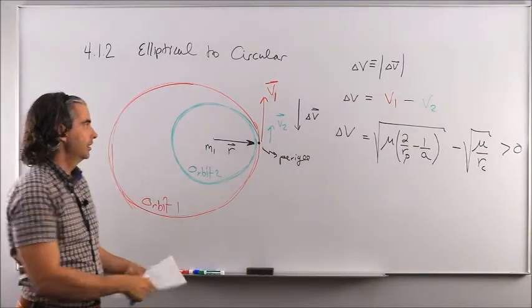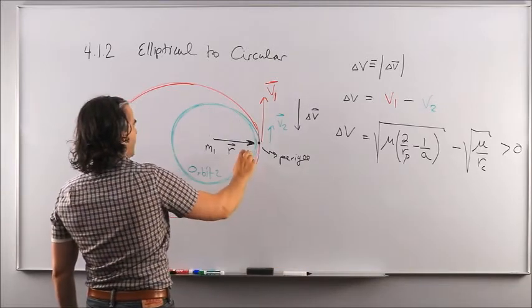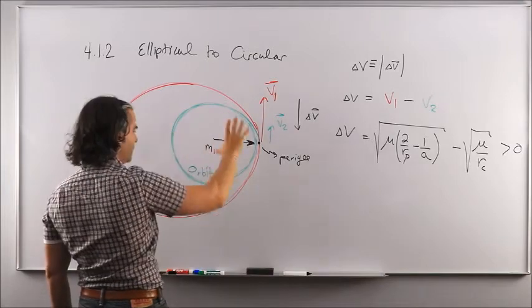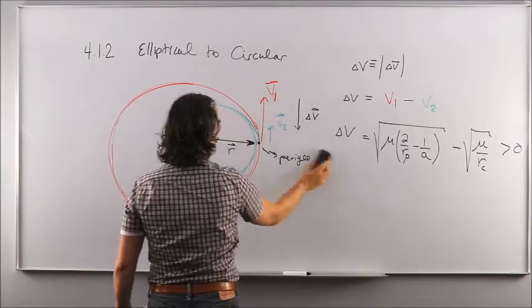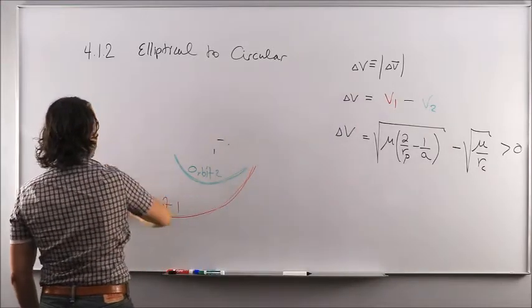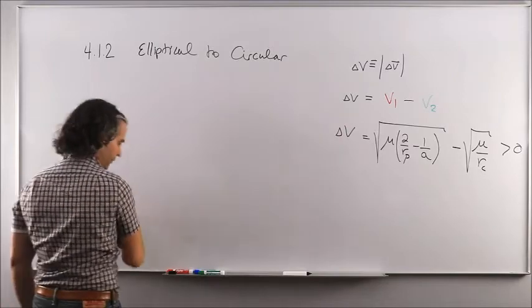And obviously the other way around, going from a small elliptical up to a big circular orbit. Let me draw it, because otherwise I couldn't tell you how to derive the equation for delta V just based on what I just said.